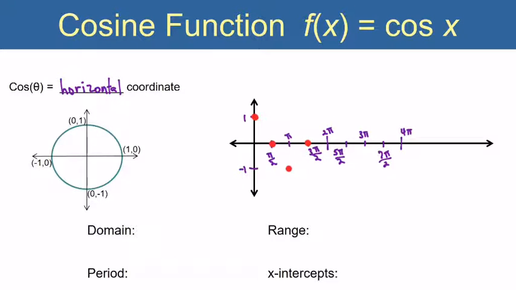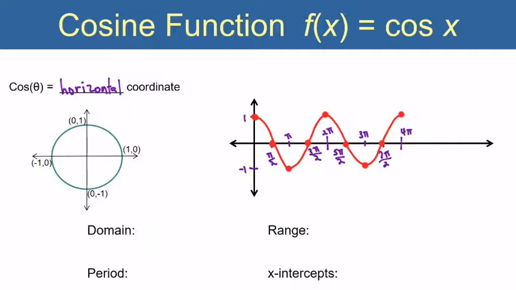And then let's let theta increase from 3 pi/2 to 2 pi, and the cosine value will go to 1. And as we go around the circle a second time, we will see the cosine values go through the same pattern again. And we're going to connect the dots with that smooth curve just like we did last time.